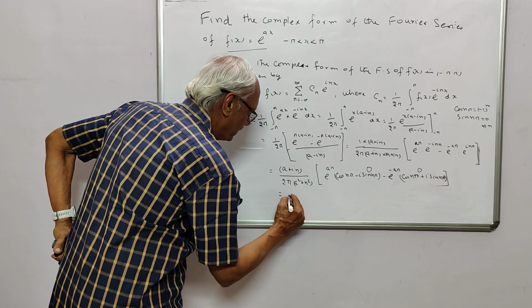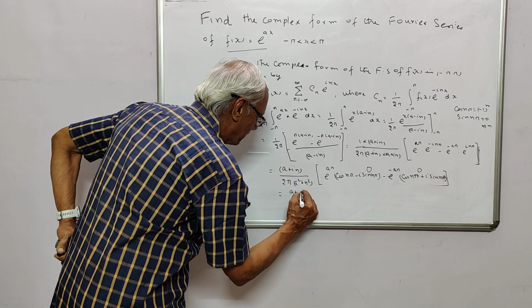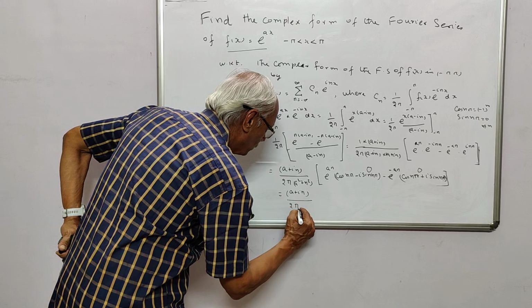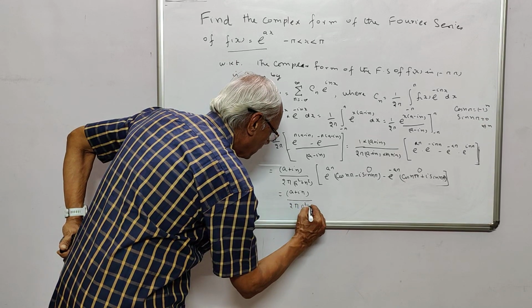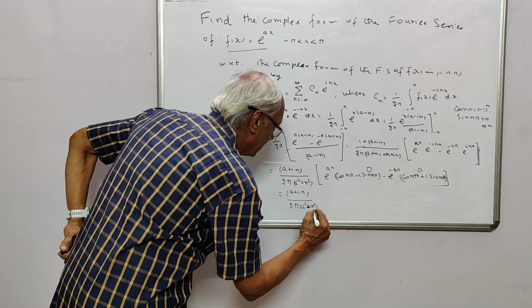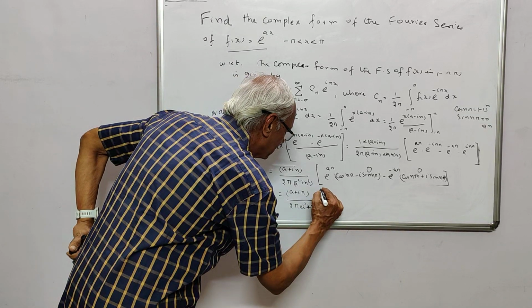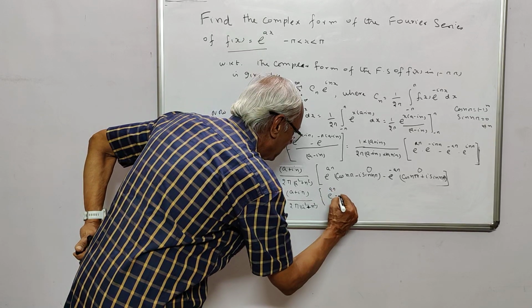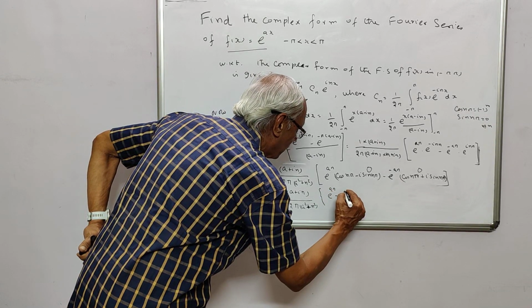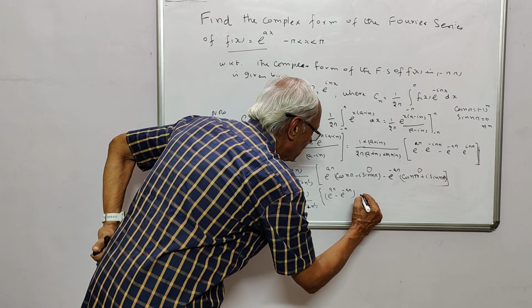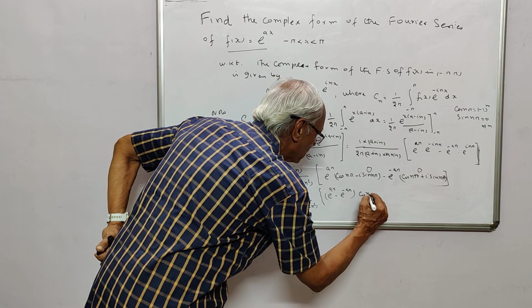So what are you left with now? It is a plus in divided by 2 pi, a squared plus n squared, into, I will write this as e to the power of a pi minus e to the power of minus a pi into cos n pi.